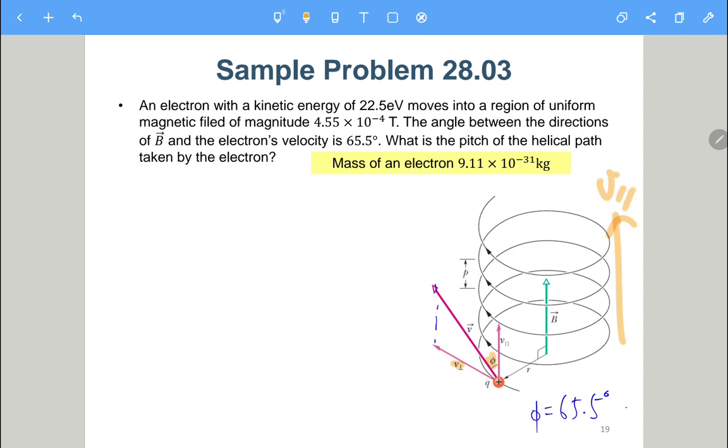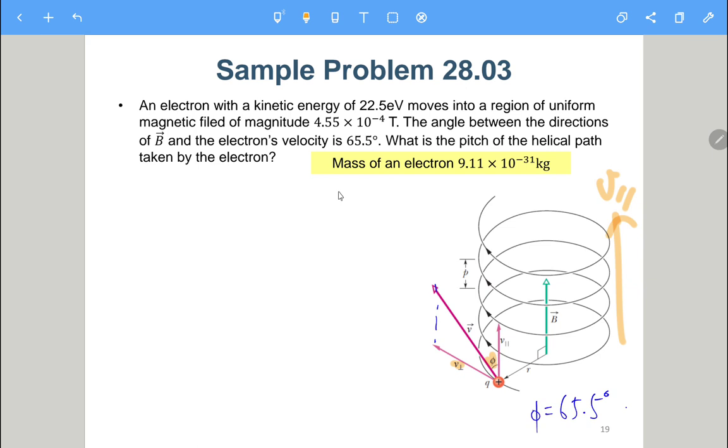When these two velocities add together, it becomes helical motion.